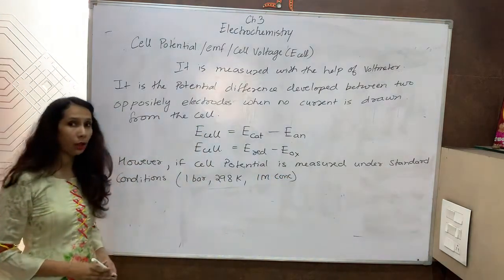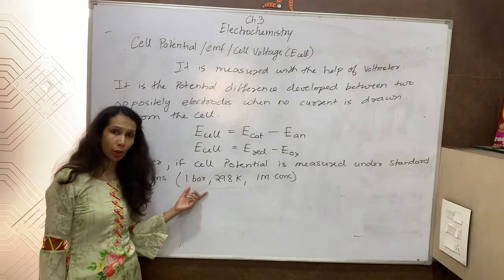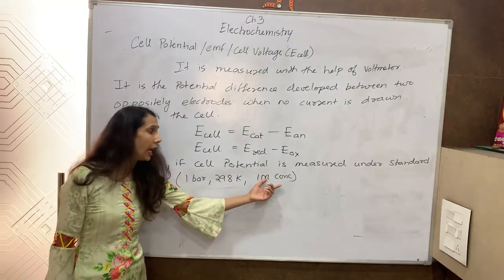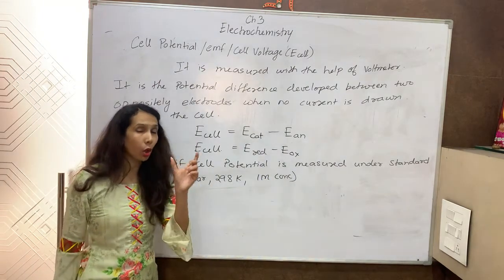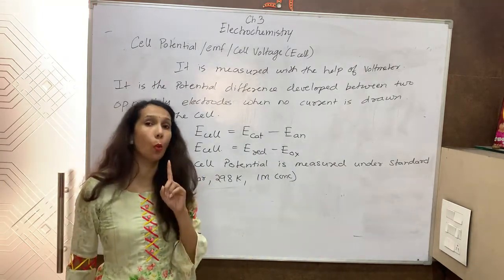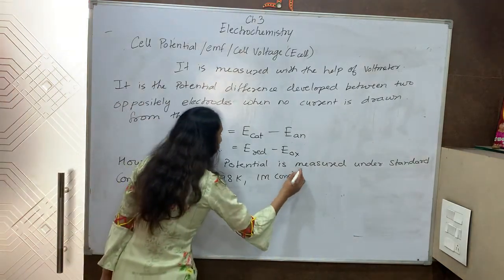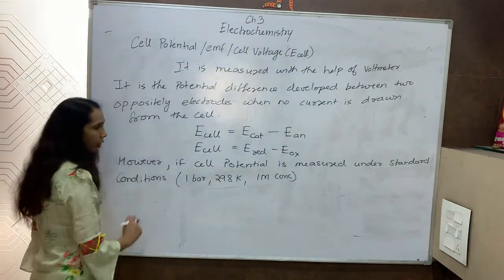If I take all these three conditions, that the pressure is 1 bar, temperature is 298 Kelvin and the concentration of the solution in the two half cells is 1 M, that is 1 mole per liter, these are called standard conditions.